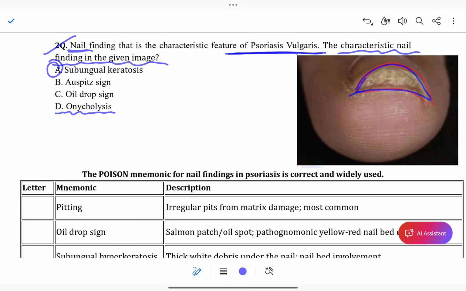Option A, subungual keratosis. Why? Subungual hyperkeratosis refers to the accumulation of scales under the nail plate, which is detached and uplifted. The nail bed often appears thickened.